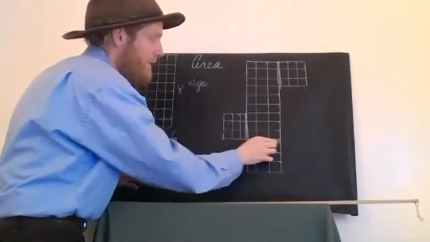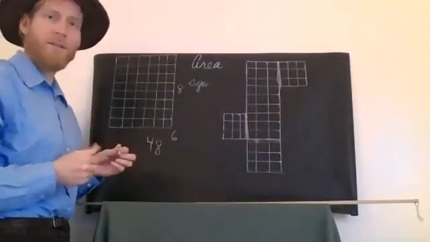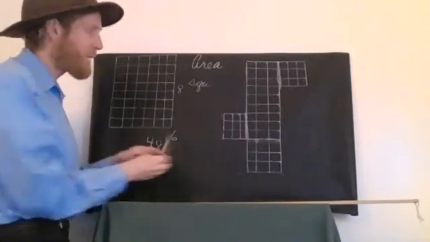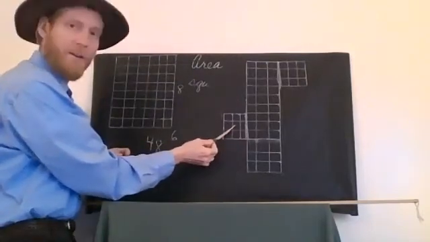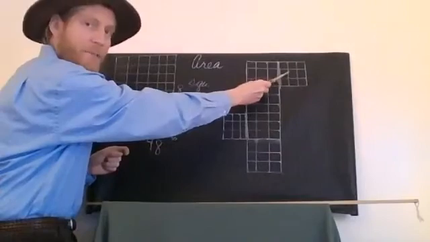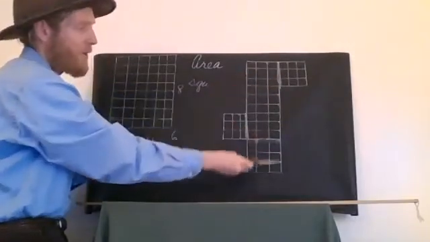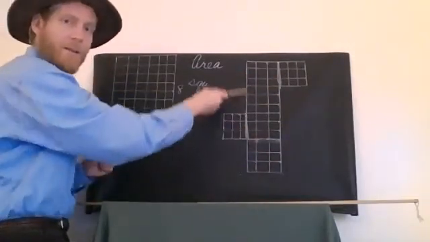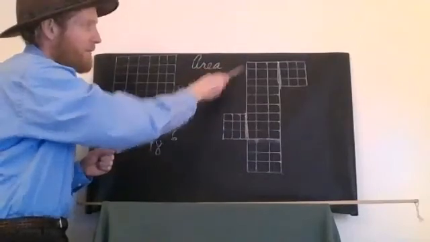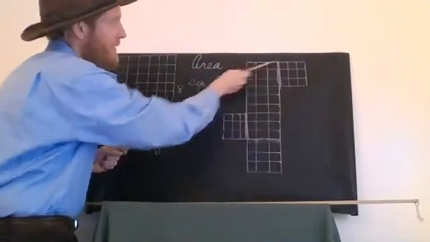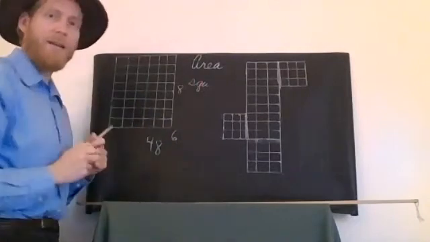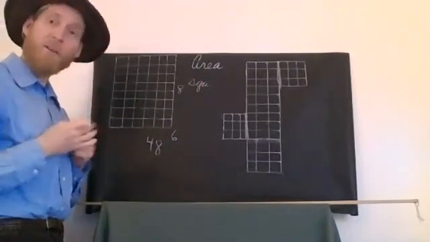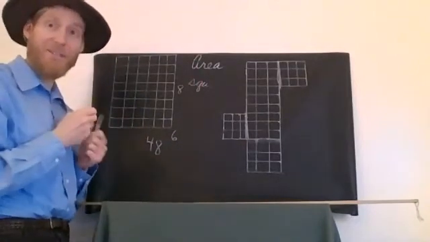I actually don't need to do that one, do I? So there's actually three shapes. There's a square here. There's a square up here. And then there's one long rectangle here, okay? And I find the area of each one. And that's how I'd solve that one.